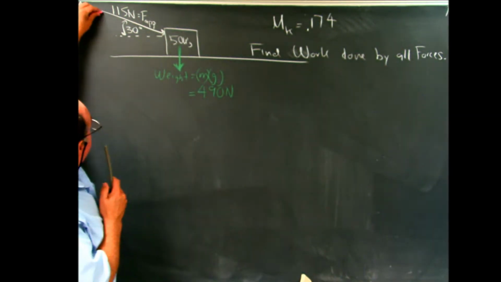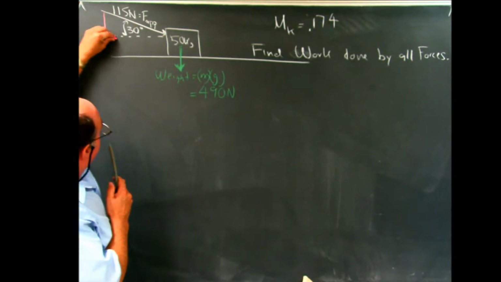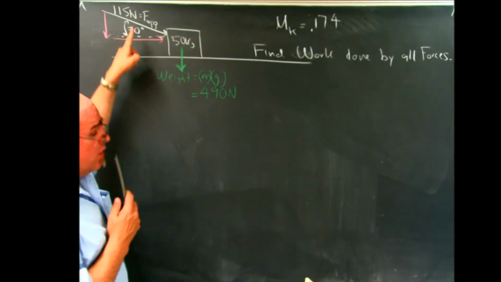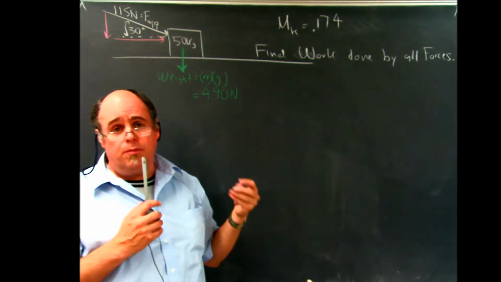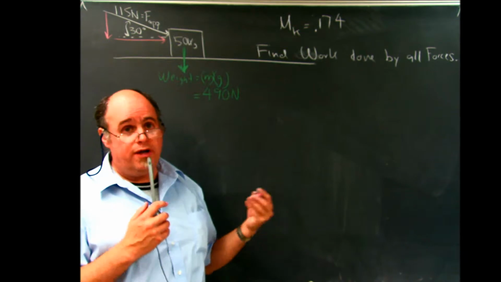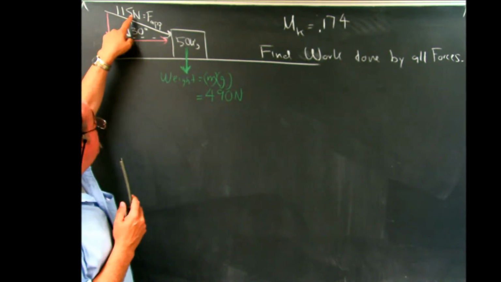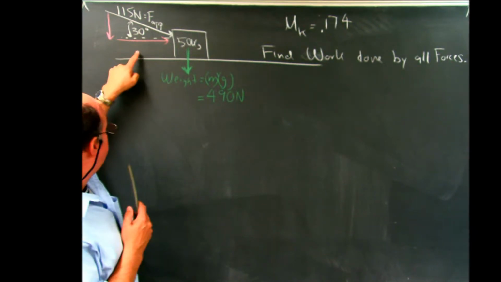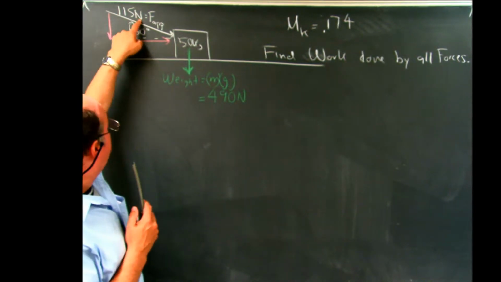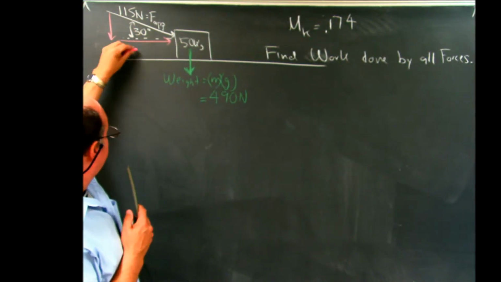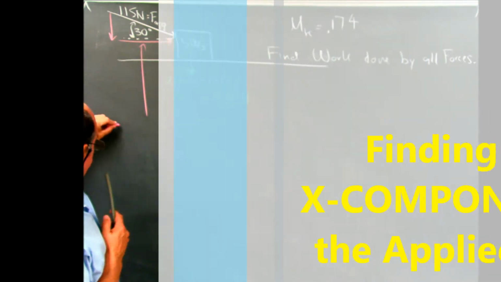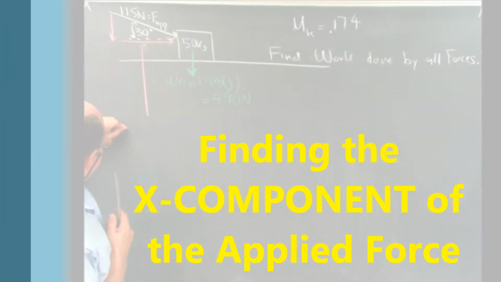One of the first things I should have done was break this up into the component pieces. So this force right here is pushing down on it, and it's pushing to the right. Since chapter 3, we've been able to break things down into the x and y components, the base and the height of a triangle. So if the hypotenuse is 115 and the angle is 30, the base would be the hypotenuse times the cosine.